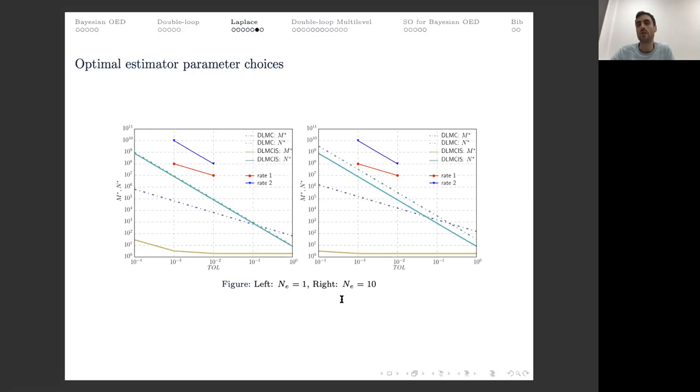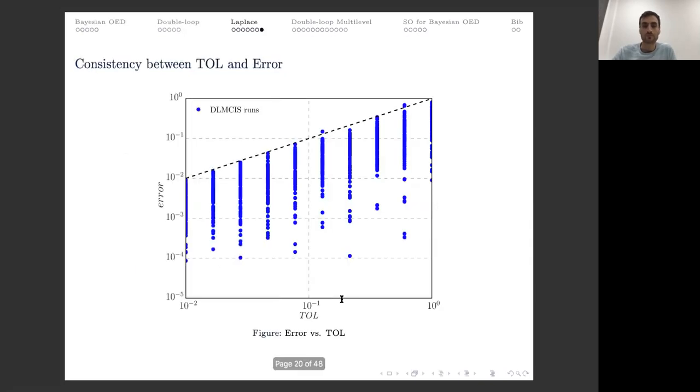As we increase the number of experiments, the Laplace approximation gets better and better. And this is a consistency plot showing that as we decrease the tolerance, the error decreases consistently.